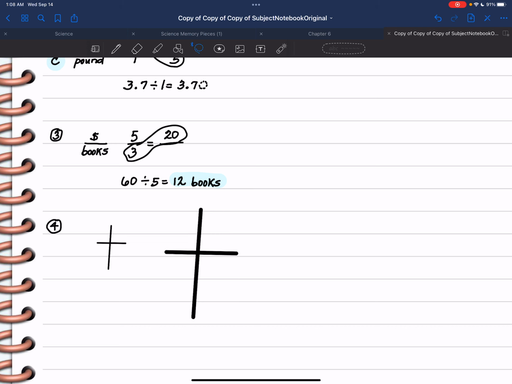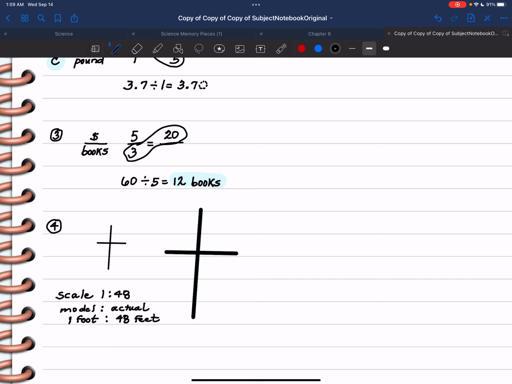And this will help me work this problem. Now the scale, remember, is 1 to 48. And the scale is going to be the model compared to the actual. So on the model, you have 1 foot. On the actual, you have 48 feet.